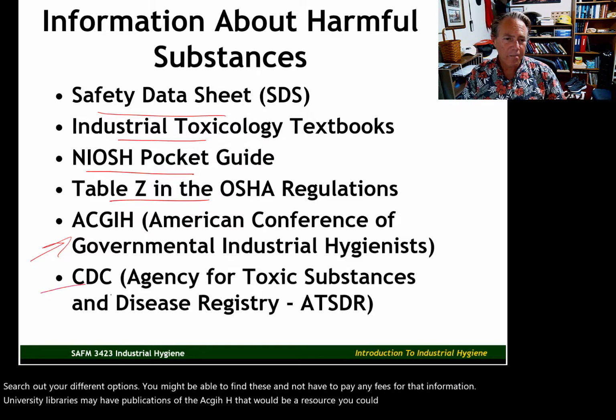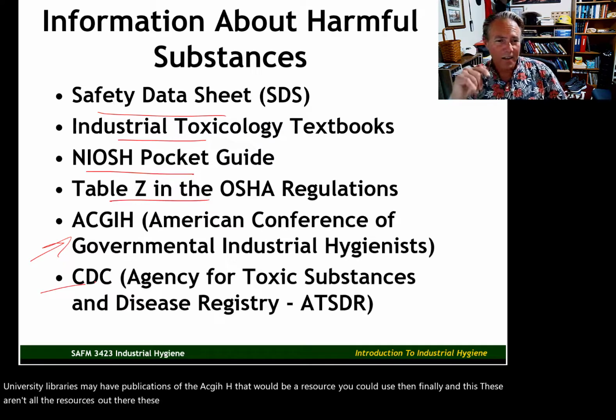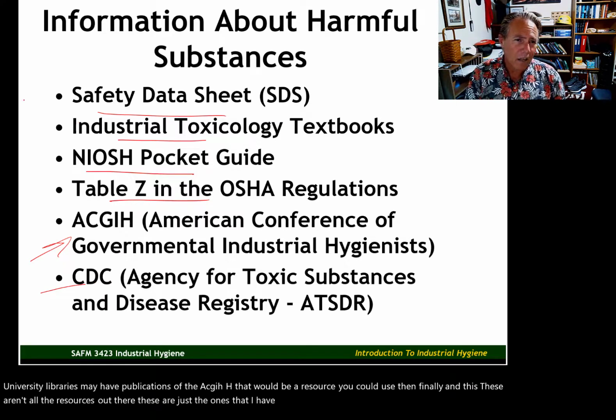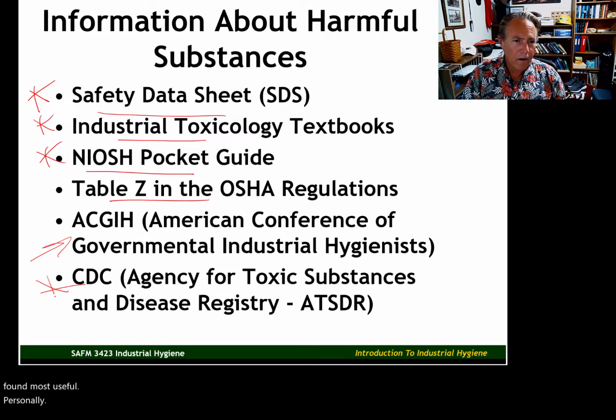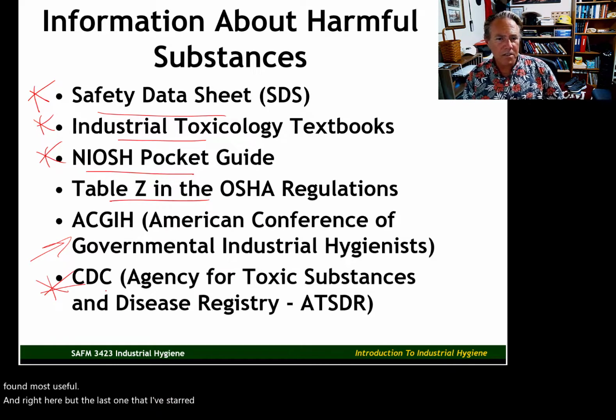Then finally, and these aren't all the resources out there. These are just the ones that I have found most useful. Actually, let me highlight the ones that I found most useful personally. And right here, the last one that I've starred, the Agency for Toxic Substances and Disease Registry, or the ATSDR.